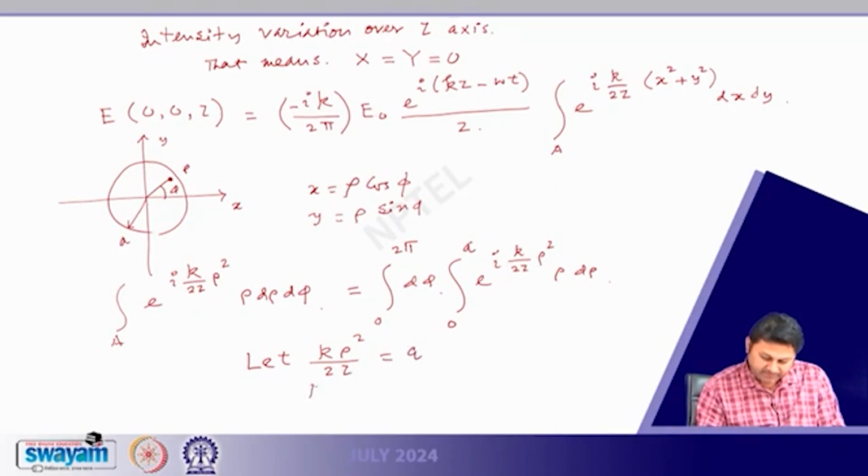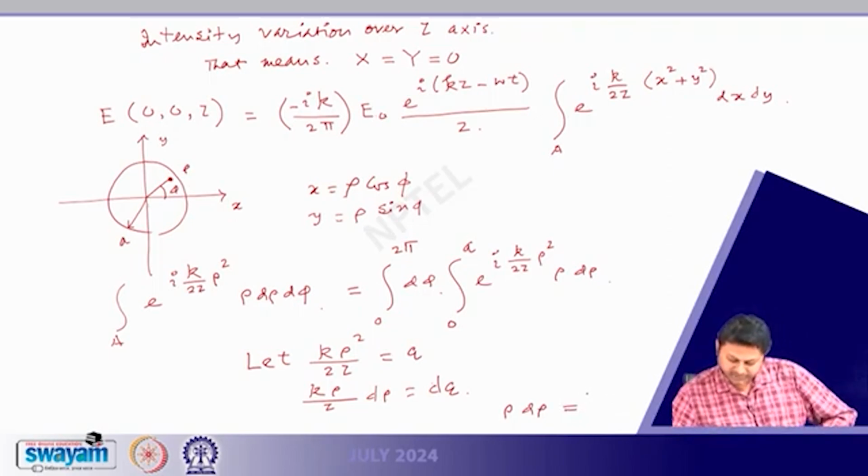So we have k rho divided by z d rho will be dq, such that rho d rho is equal to z by k dq.